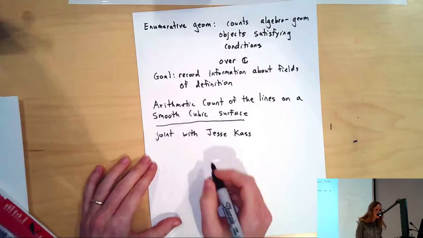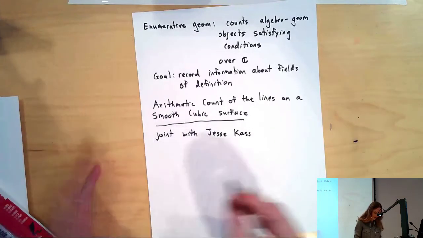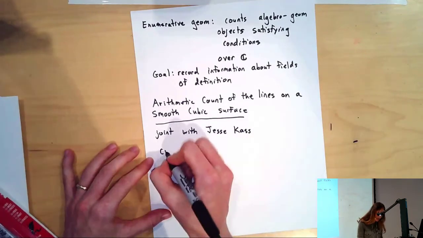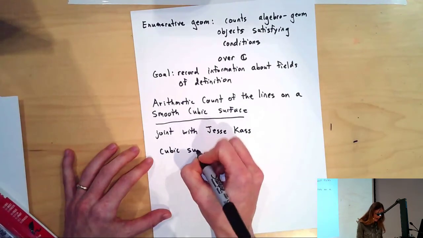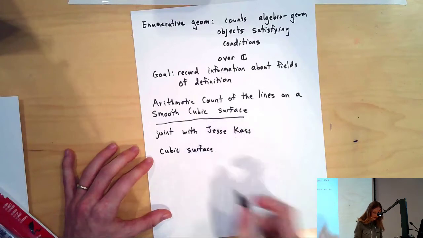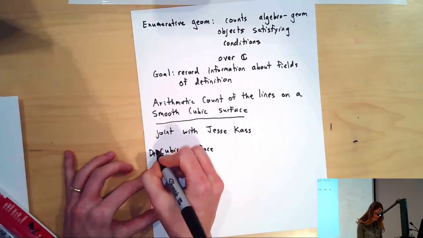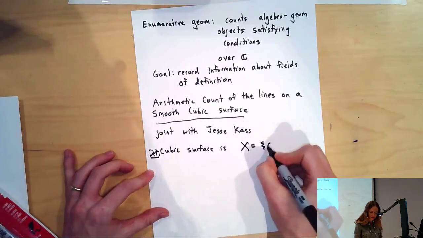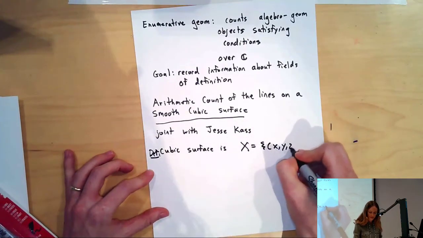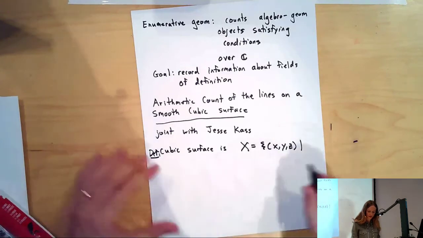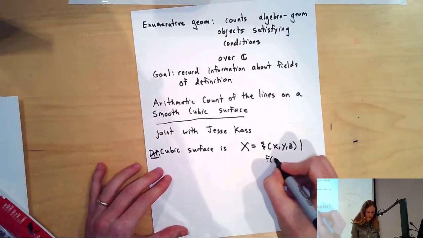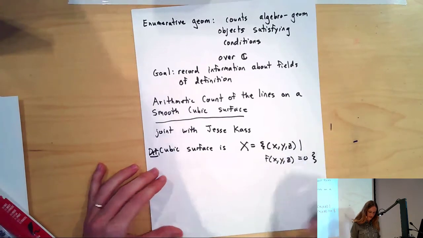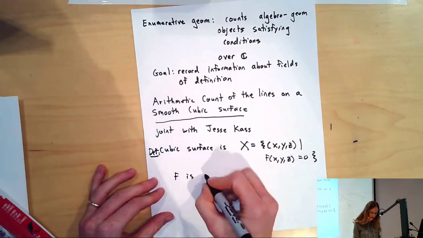A cubic surface is the zero locus of a polynomial of degree 3 in 3 variables. So what is a cubic surface? It is the solutions, maybe in C, but then we'll let that field vary, where F is degree 3.